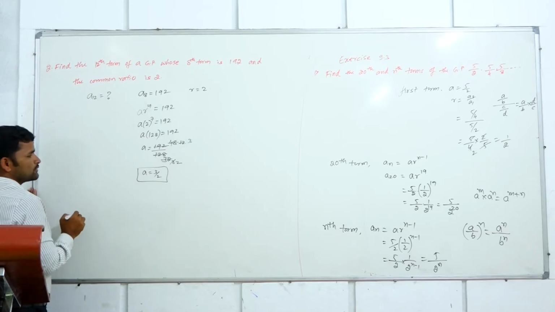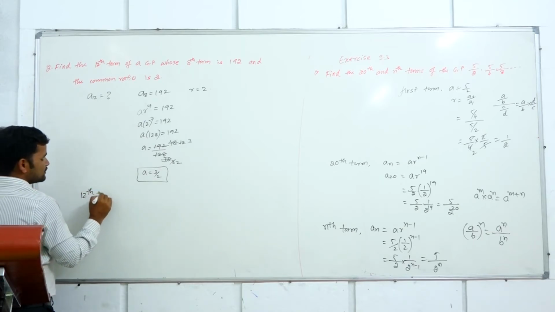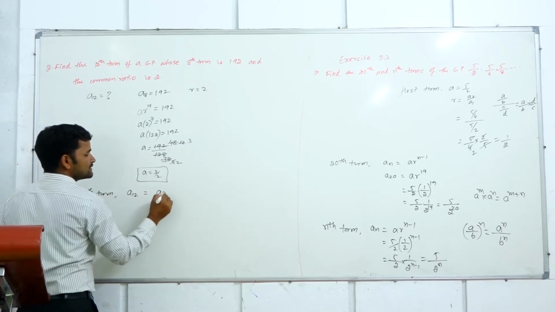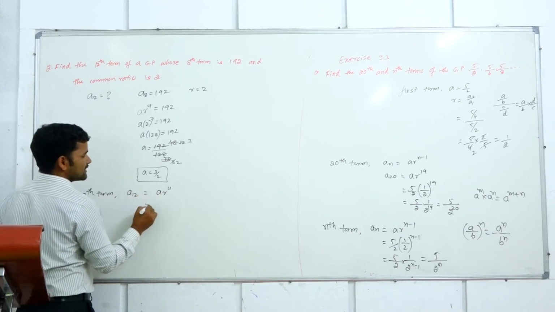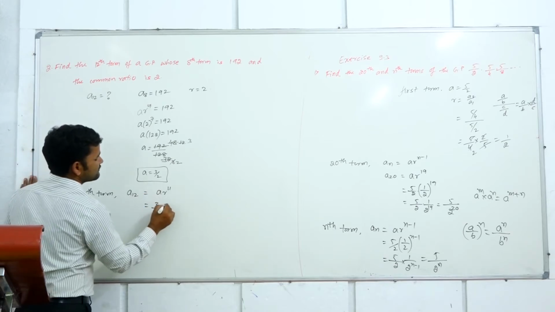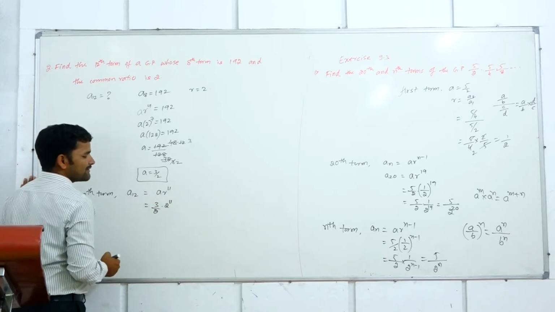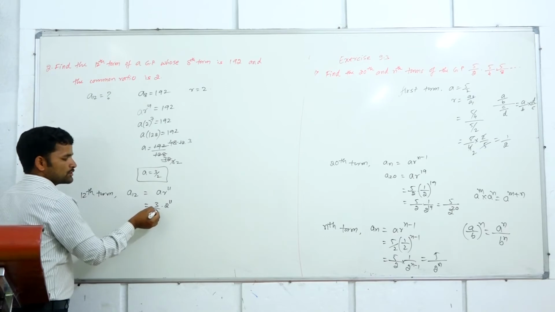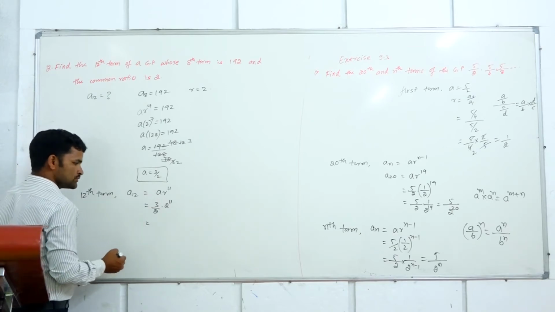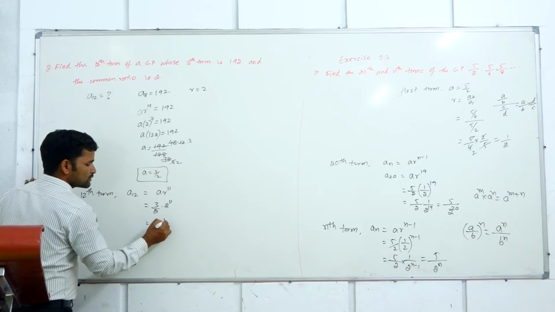Now we will go to calculate the 12th term. A12 is equal to A into R to the power of 11. A value is 3 by 2, R value is 2, that is 2 to the power of 11. Here 2 to the power of 1 is there, so one time you cancel that 2. 3 into 2 to the power of 10.